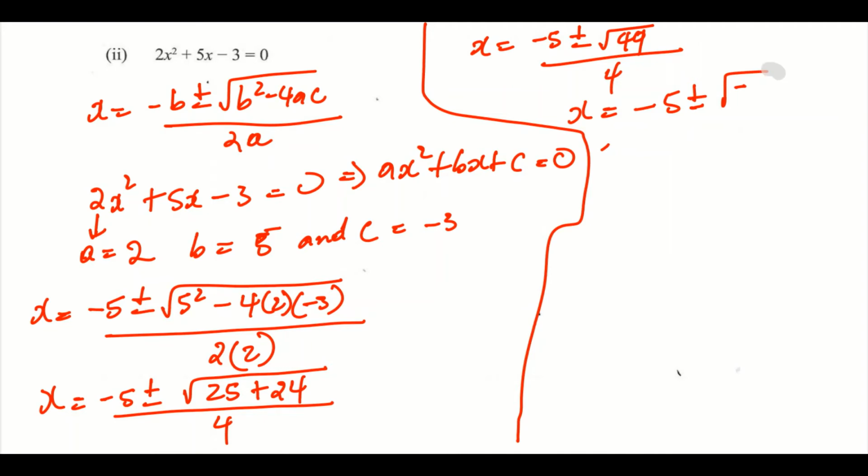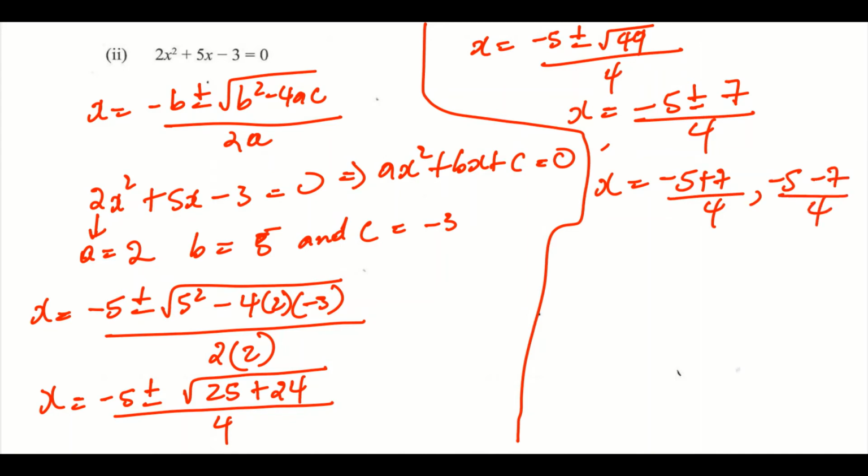Square root of 49 is 7. So therefore x is equal to minus 5 plus 7 over 4, or minus 5 minus 7 over 4.